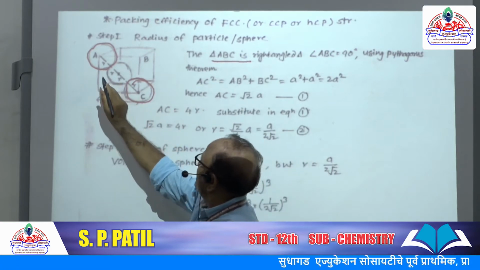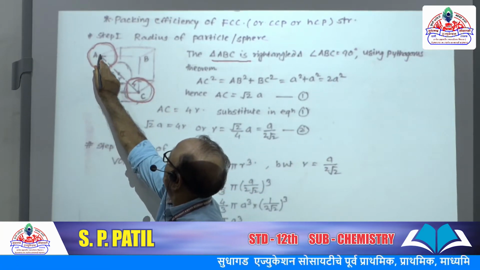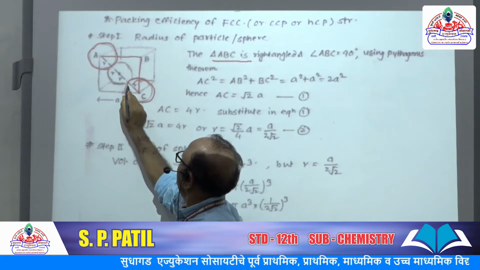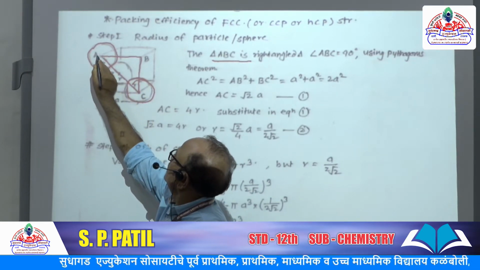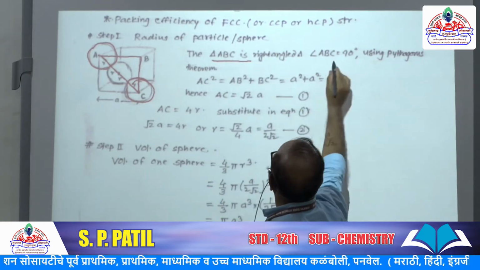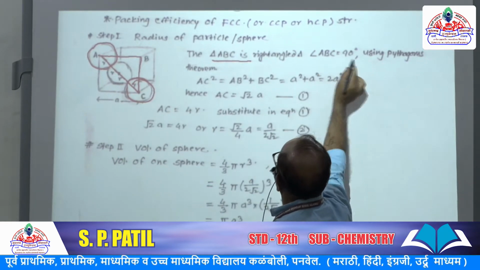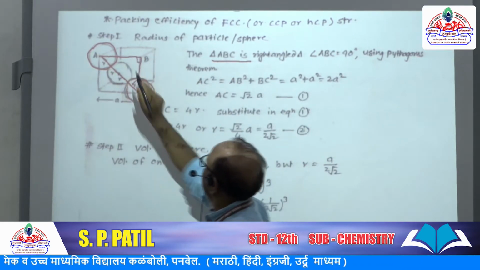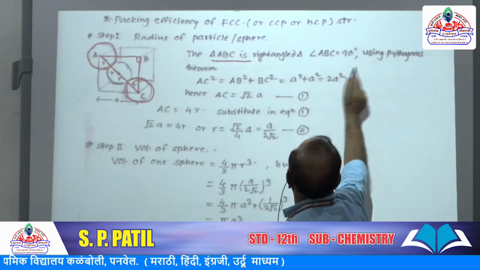In this triangle ABC, angle B is 90 degrees.